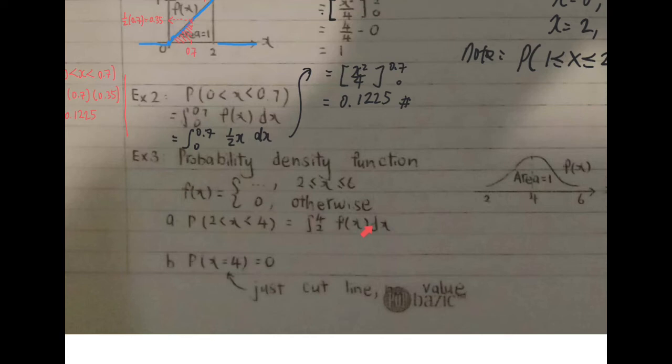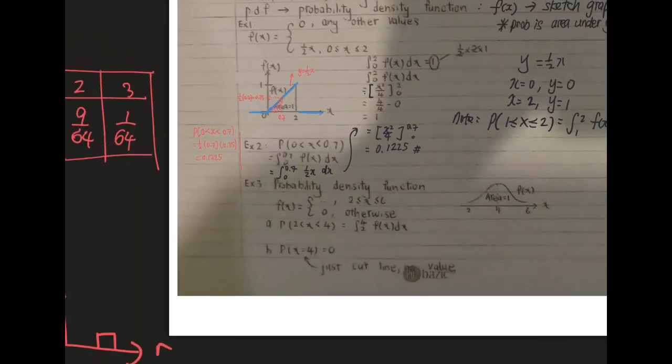Just for your information also, if you want to find the probability from 2 to 4, where 2 and 4 are included, the working will be the same.